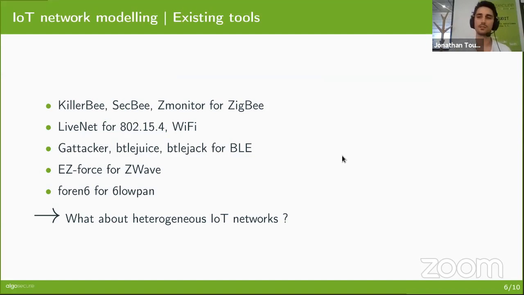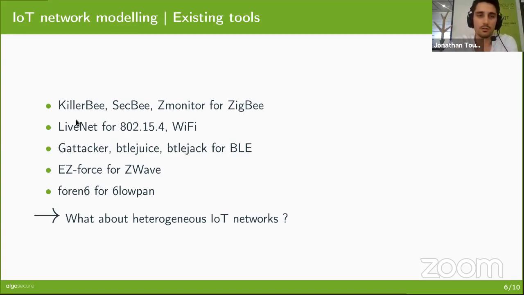Of course, there exist many tools to play with IoT protocols. I can cite KillerBee and Z-Monitor for ZigBee protocols. We have Betelgeuse for BLE communication, and so on and so on.